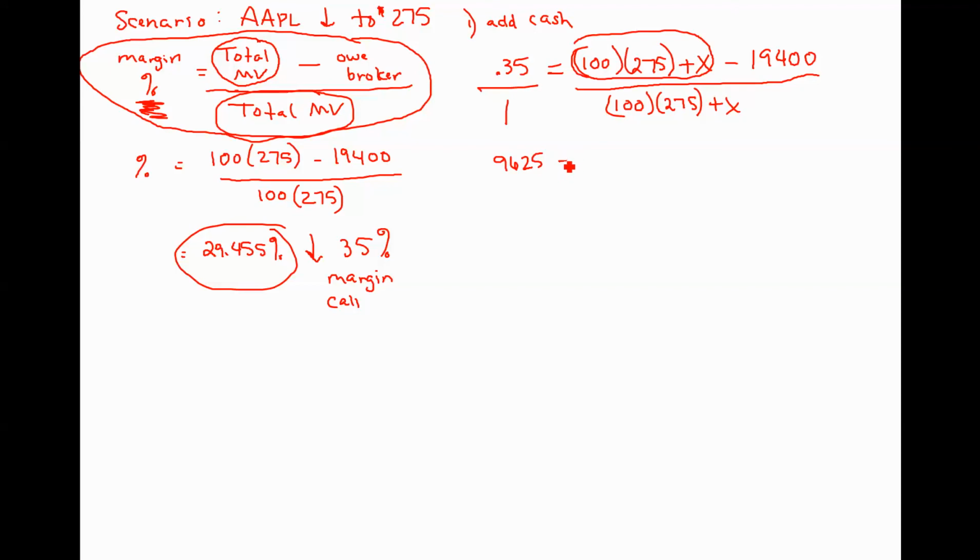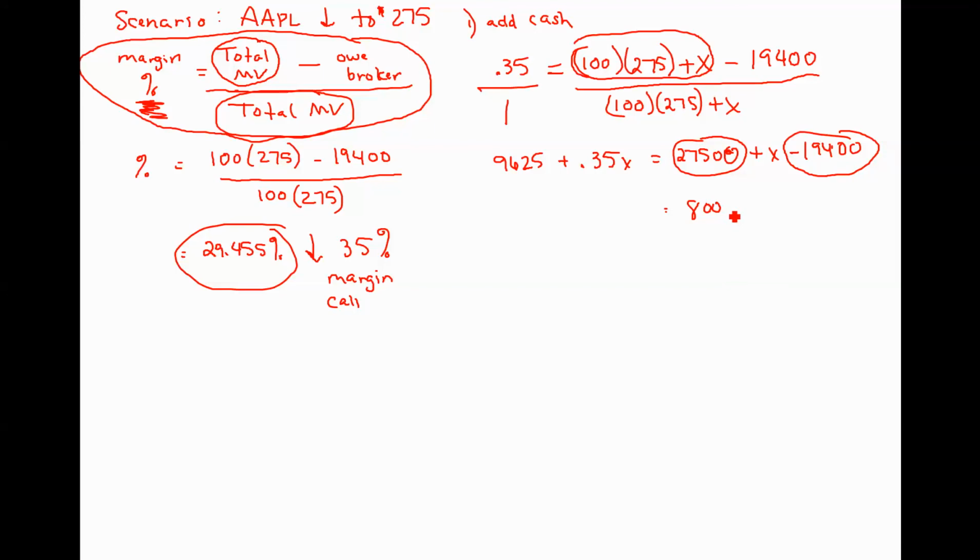So 9,625, which is 100 times 275 times 0.35, plus 0.35x equals 27,500 plus x minus 19,400. I'm going to combine these two dollar amounts. So I will get 8,000.